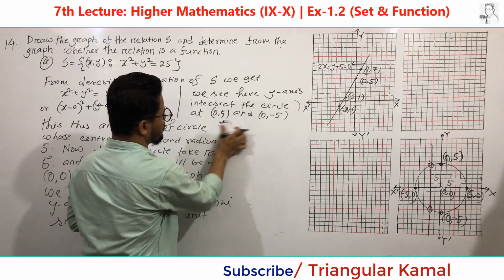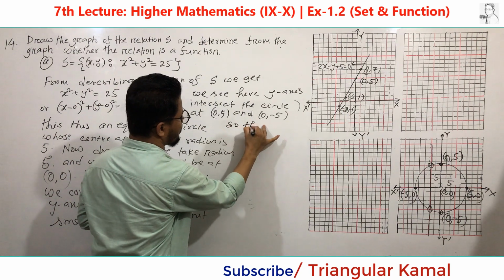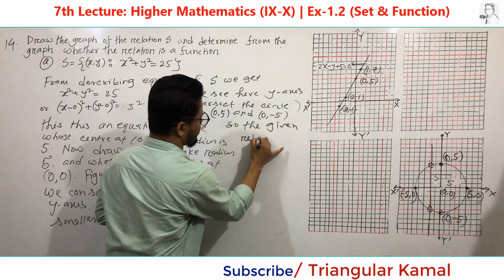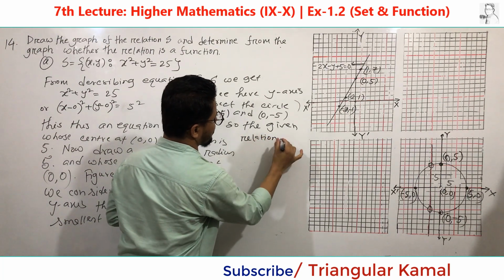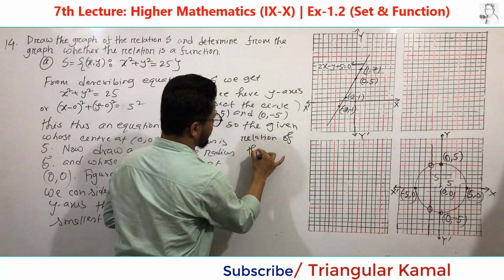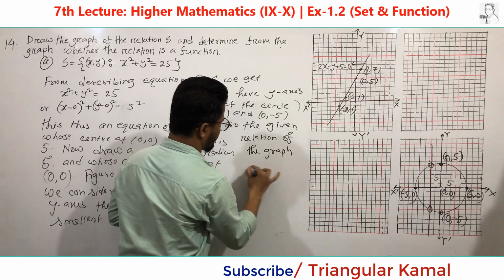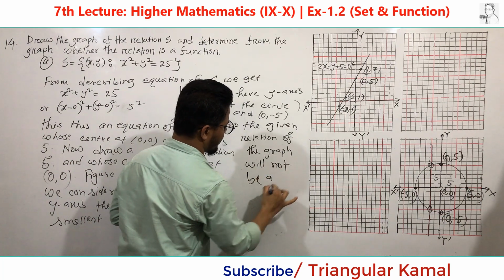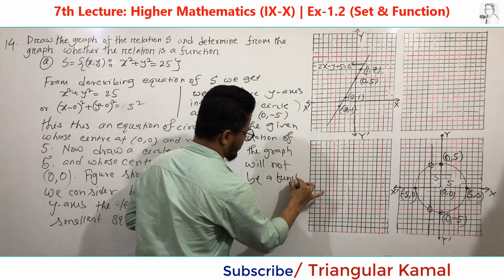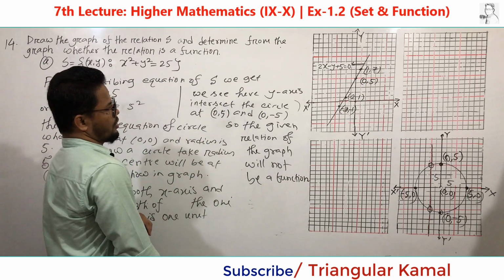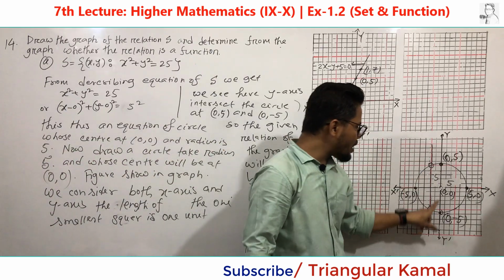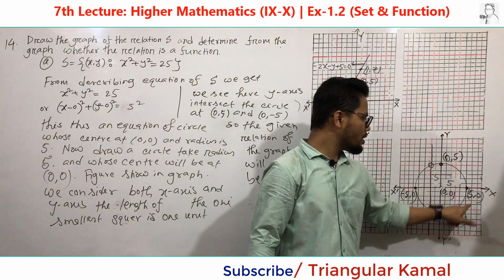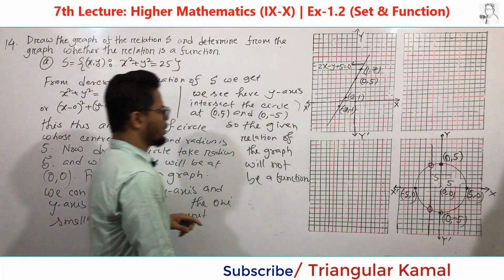So the given relation of the graph will not be a function. Or you can write, if we draw a line parallel to the y-axis, we get 2 intersecting points. So that's why the graph will not be a function.